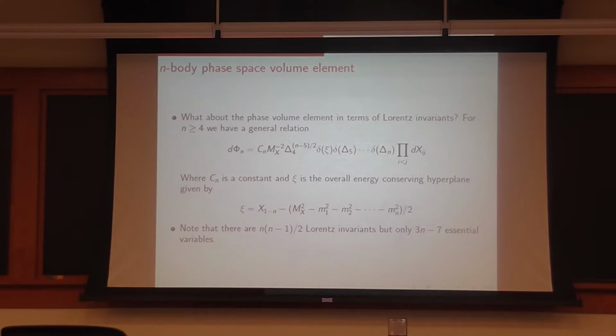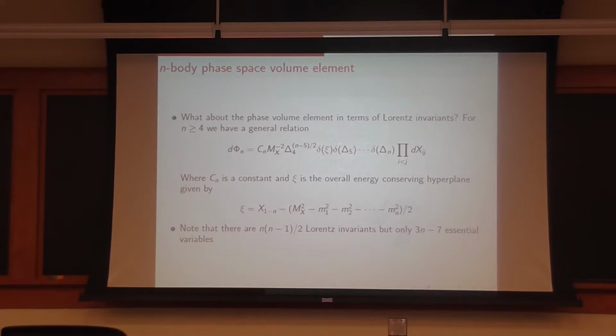But this is the volume element. So this Δ4 is again the Gram determinant in n dimensions, and it's larger than 4. That's the principal minor of that matrix. And these Δ4 up to Δn are all principal minors up to a sign, and this Δn is the determinant of the matrix.